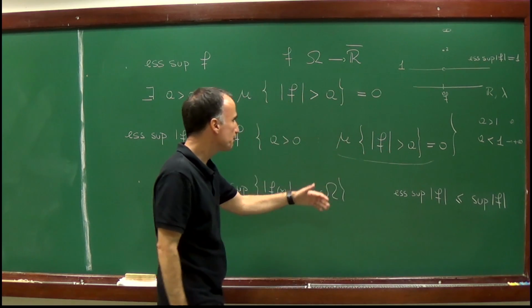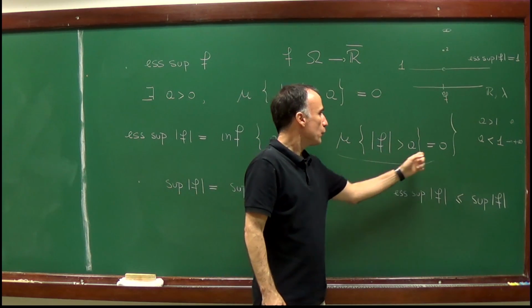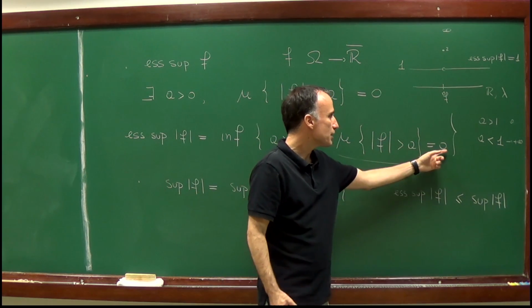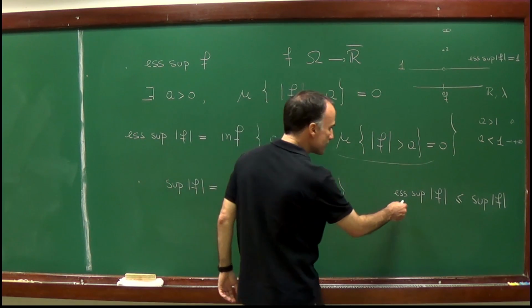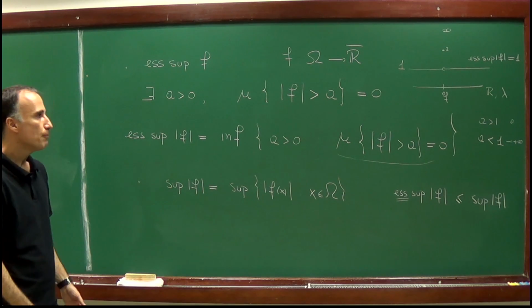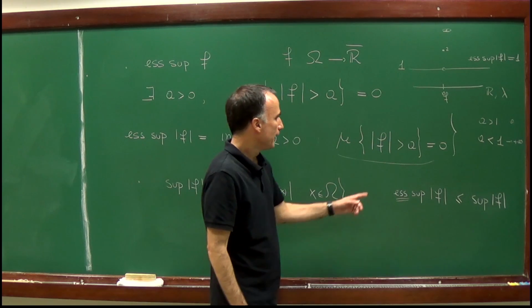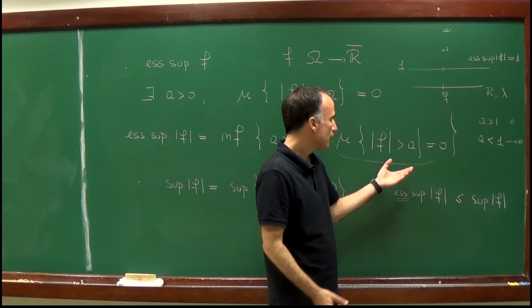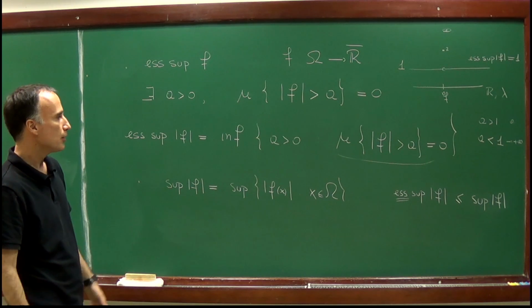In fact, here we are allowed to remove points from a set which has measure 0. So this is why this is called the essential supremum, because we are allowed to remove points of sets in which we take the supremum if this set has measure 0.